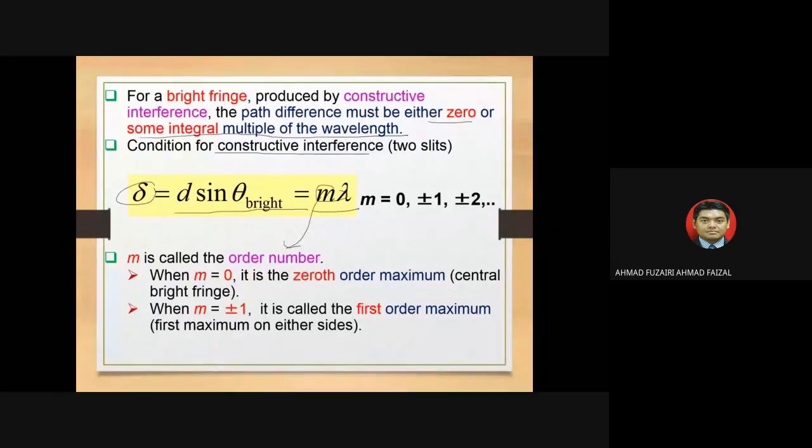For example, when m equal to 0, it is the 0th order maximum, or central bright fringe. When m equal to plus or minus 1, it is called the first order maximum on either side.